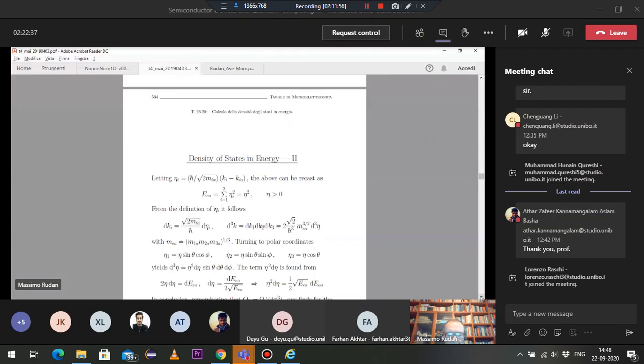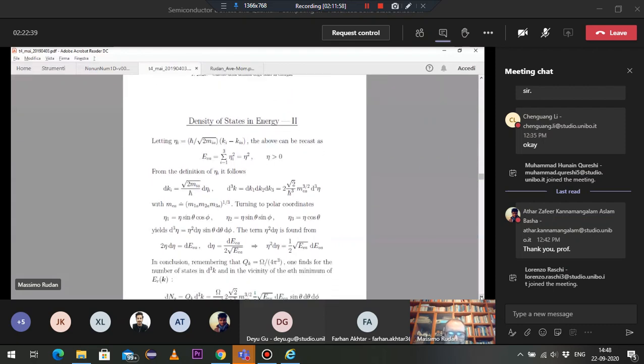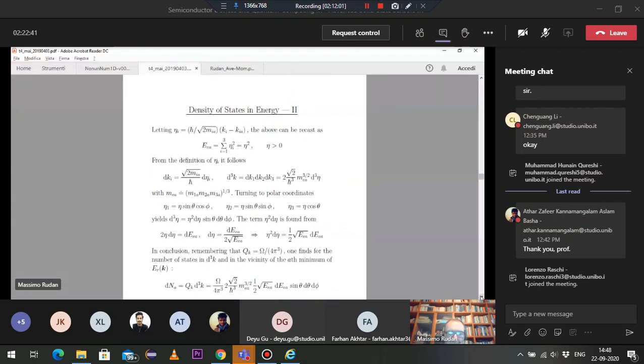When we calculate the density of states in energy, we follow exactly the same calculation as we already did using the notes, okay? So I'm not going to repeat this, because the calculation of the density of states is exactly the same, with only one difference.